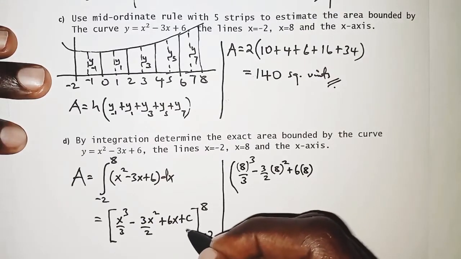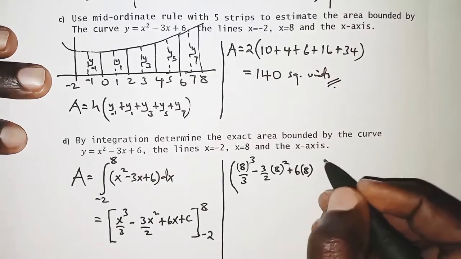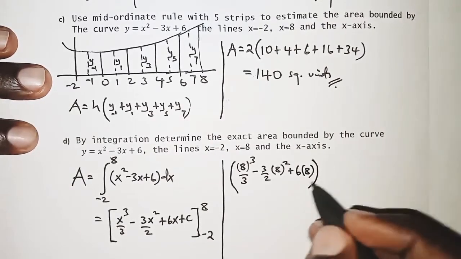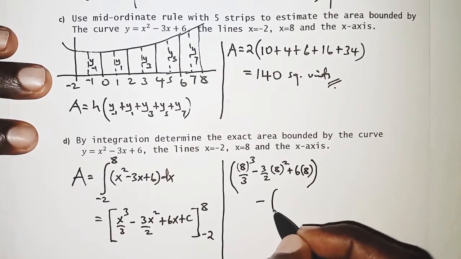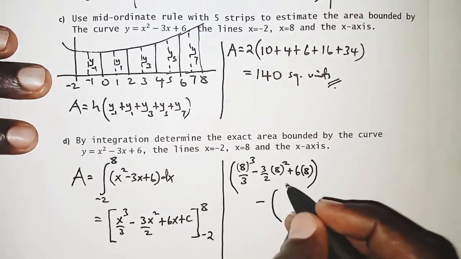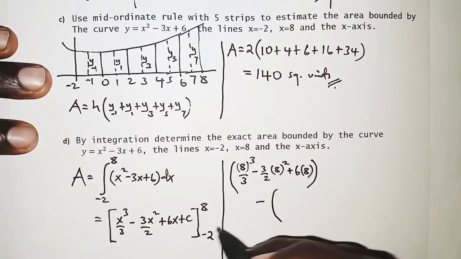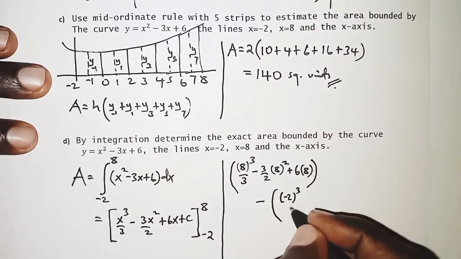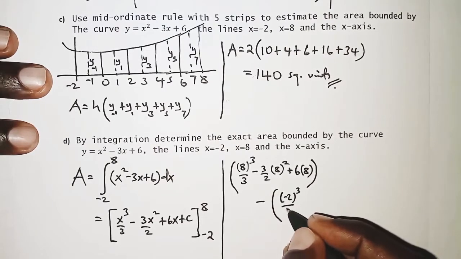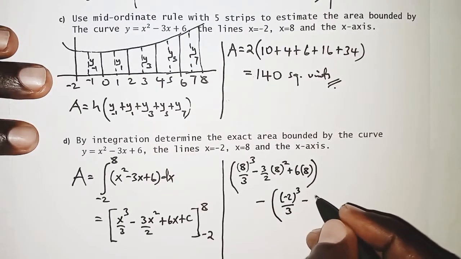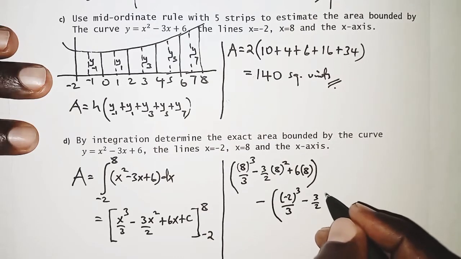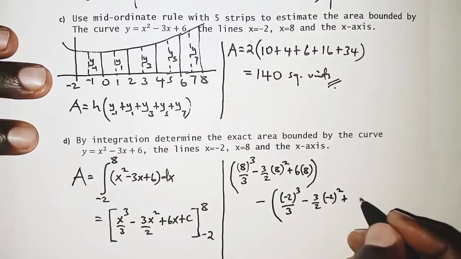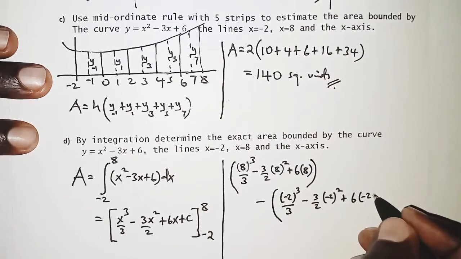So finally c will disappear. So even if it doesn't feature here, it's not a big deal. Minus the second part, we have negative 2 being substituted for x. So we have negative 2 cubed all over 3 minus 3 over 2 into negative 2 squared plus 6 into negative 2.